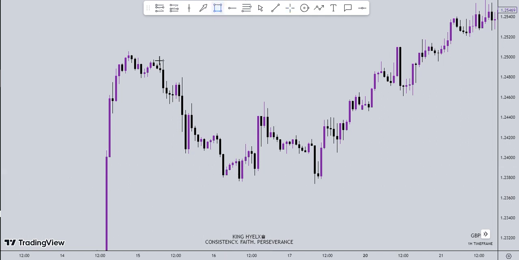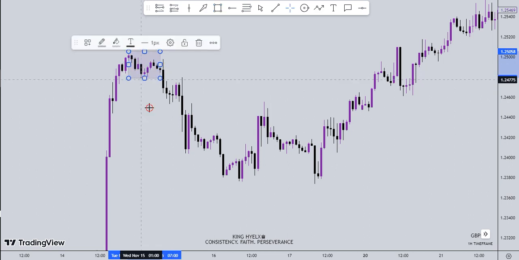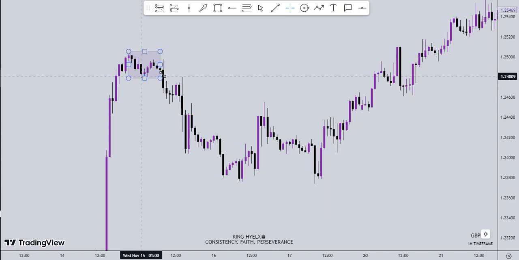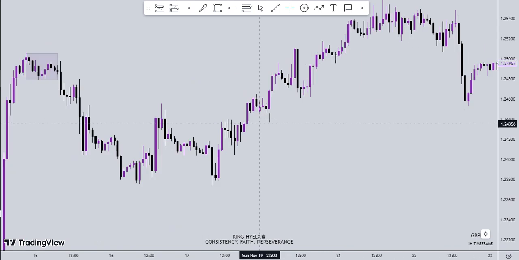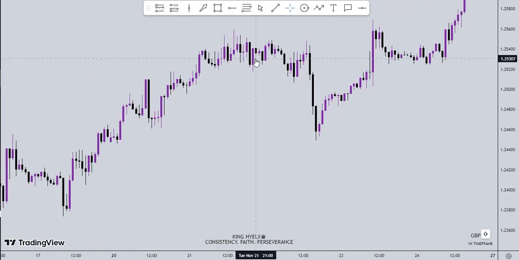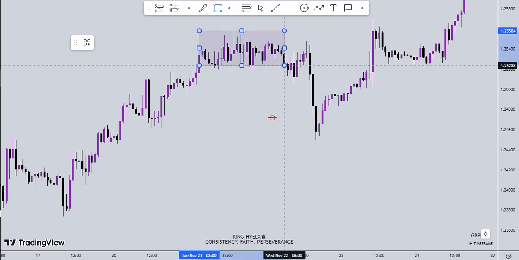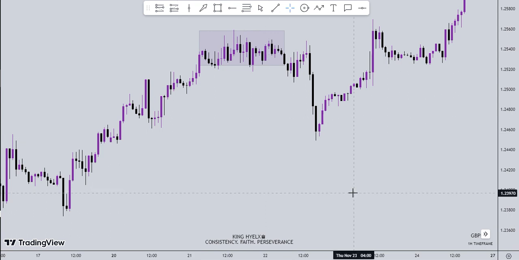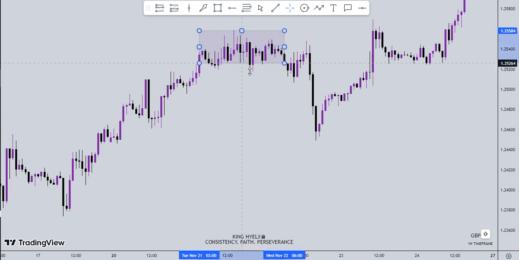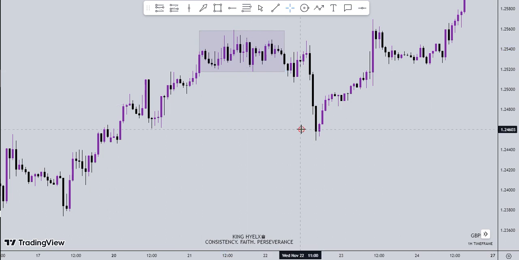If you come over here, in between this range to this range, we have a bit of consolidation. Price was trading within this range and showed no indication to go higher or lower. Anything that looks like price is accumulating in one particular place is essentially accumulation. Price was not going in a specified direction, it was just ranging. So when we see price ranging, that's what we call a consolidation.